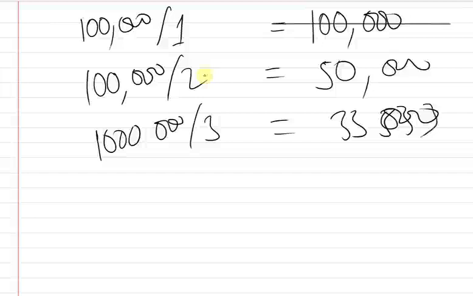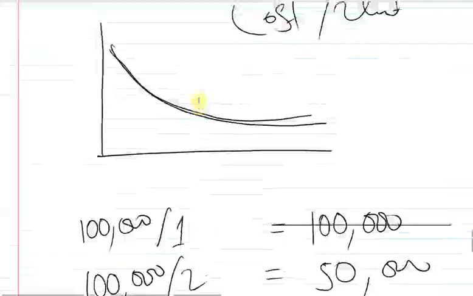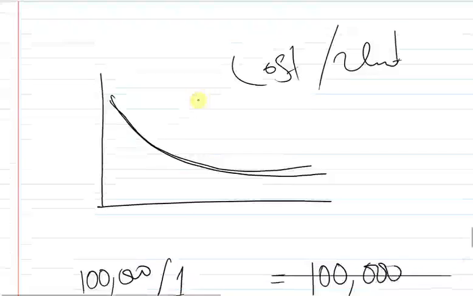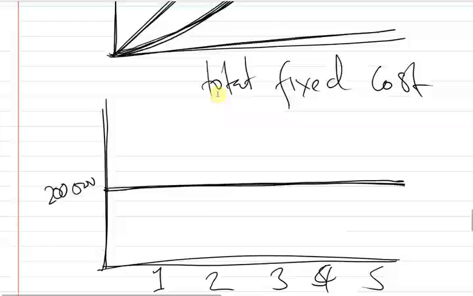If we are four, we'll pay 25,000. Have you seen it's getting smaller and smaller? It's like you are dividing the cost. That's why the cost per unit of fixed cost will go in a downward shape like that, while total cost will remain constant like this.